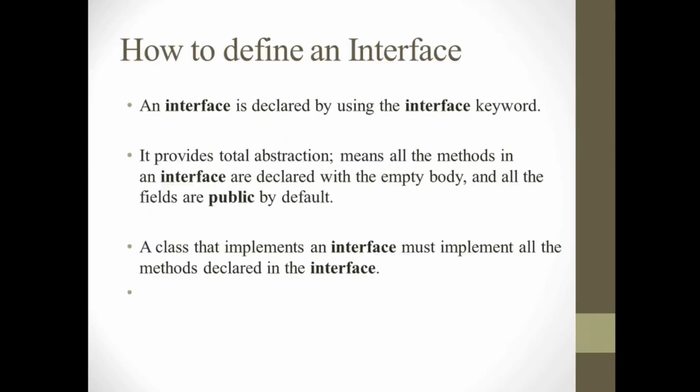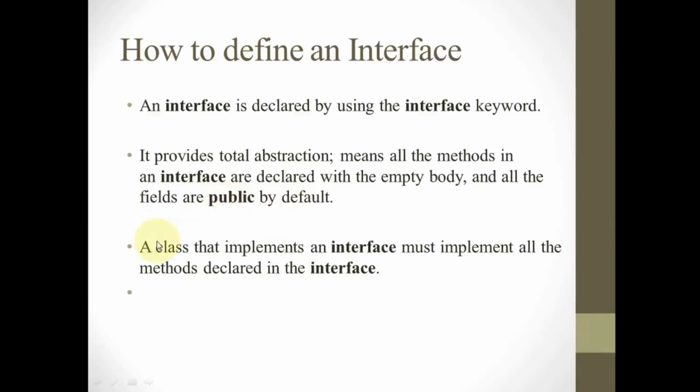How to define an interface? An interface is declared by using the interface keyword. It provides abstraction, meaning all the methods in an interface are declared with an empty body. Within the body of the interface we have only the declaration, and all the members are public by default.